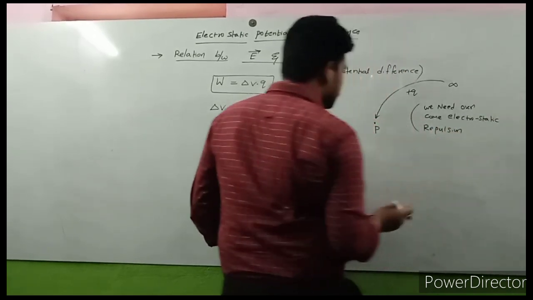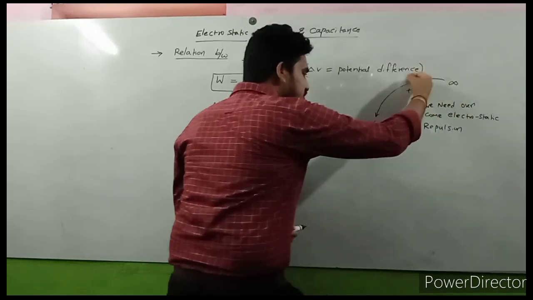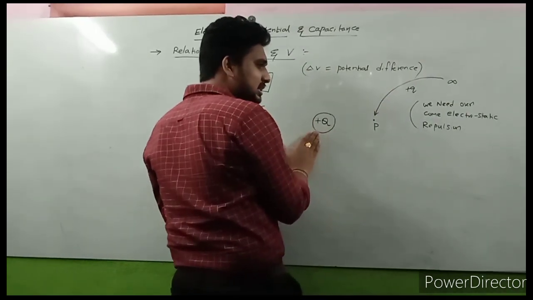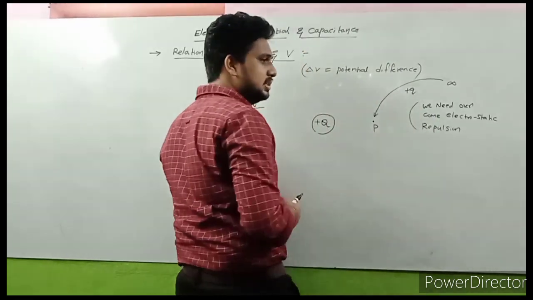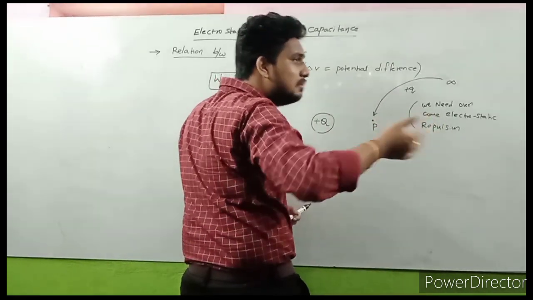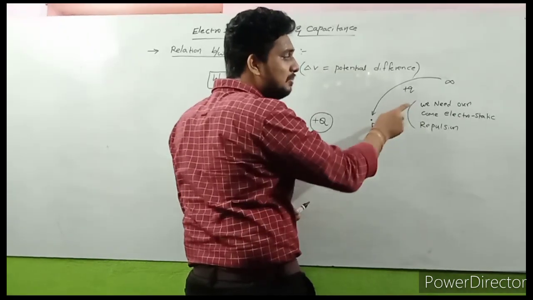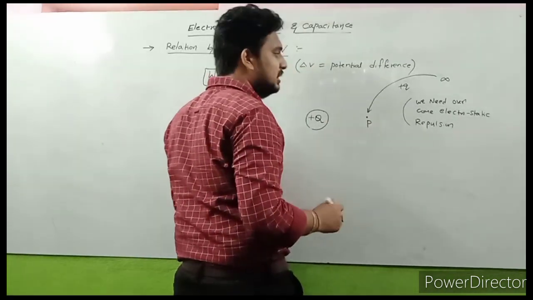Are you understood my point? We are bringing this positive charge here, but this charge is a like charge, so it repels this small q charge. That means we have to apply more force to overcome electrostatic repulsion.